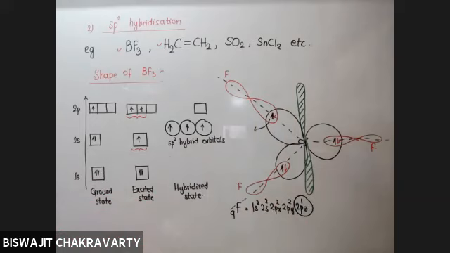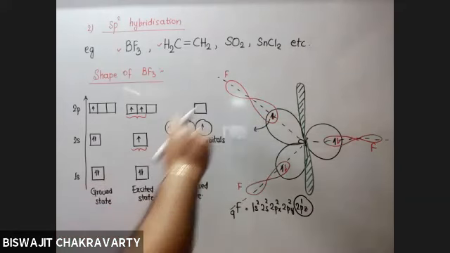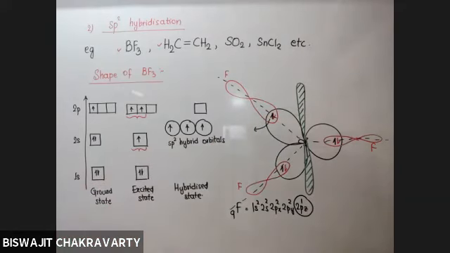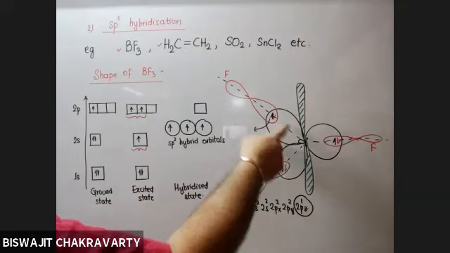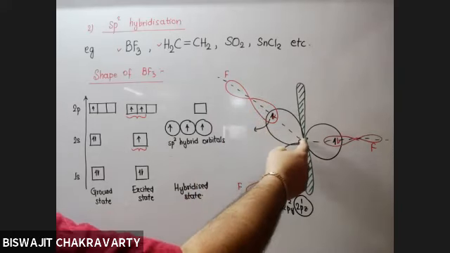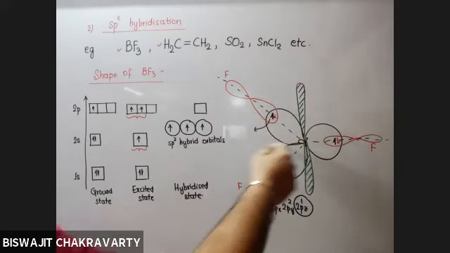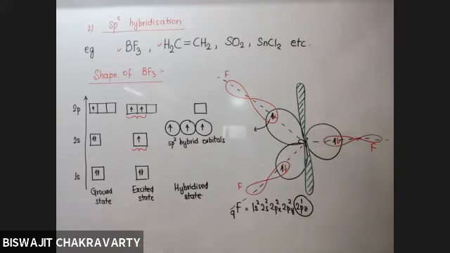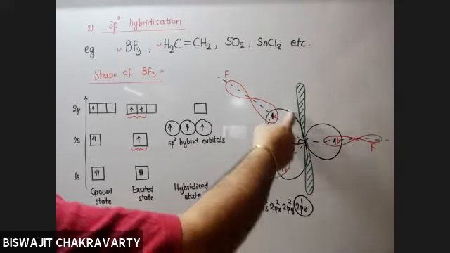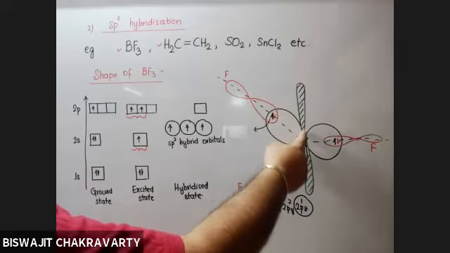Can anyone help me out? What is the nature of the sigma bond formed between boron and fluorine? Head on head, sir. No, I'm not asking that. What I'm asking is, what is the nature of the sigma bond? This lobe is sp2, isn't it? Yes, sir.